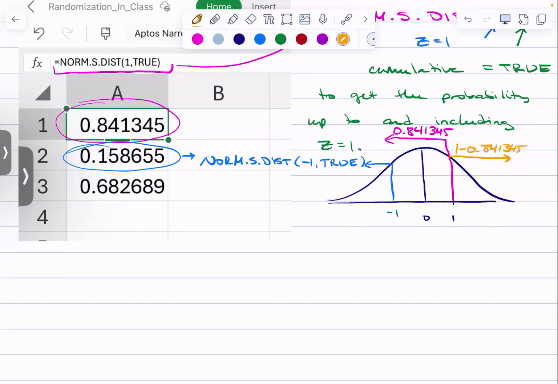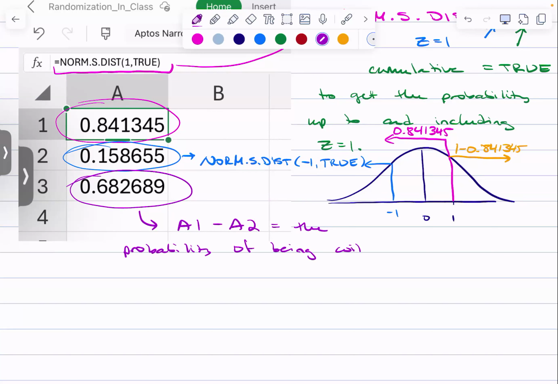This, let's see here, what color haven't I used? Purple again. This is A1 minus A2. The probability of being within plus minus 1, probability of being within z equal to plus minus 1.